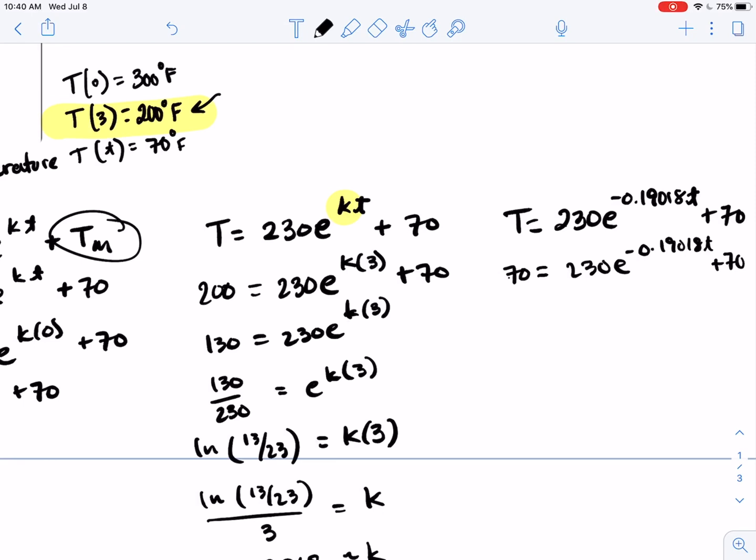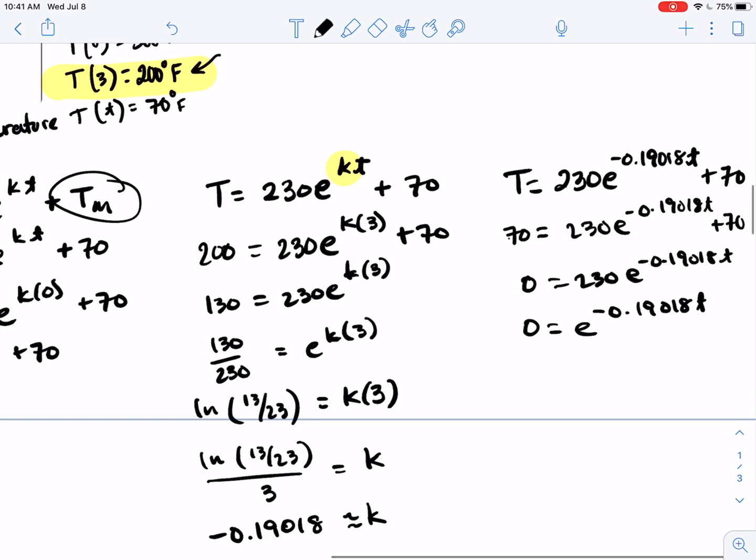So if I subtract, I get 0 equals 230 e^(-0.1908t). And now 0 equals this. A couple things here that you can notice. Will e raised to anything be 0? No. Even if you did ln of 0, you would get an error. Okay. So since this is impossible, you would get no finite solution.